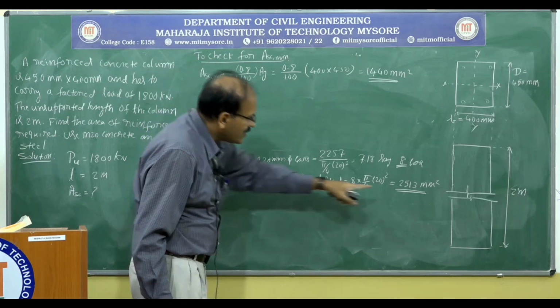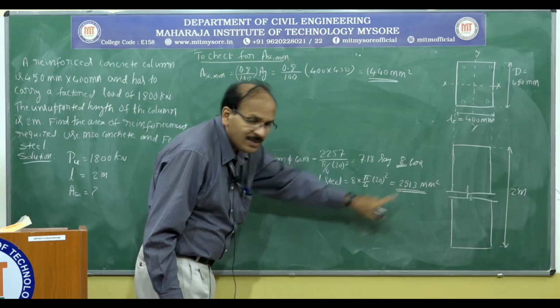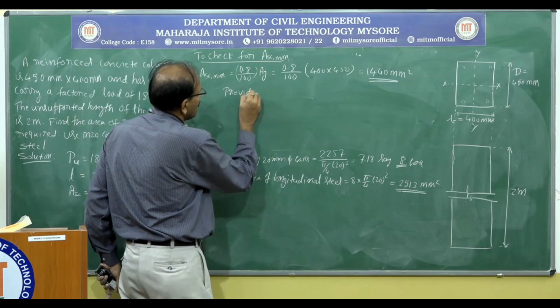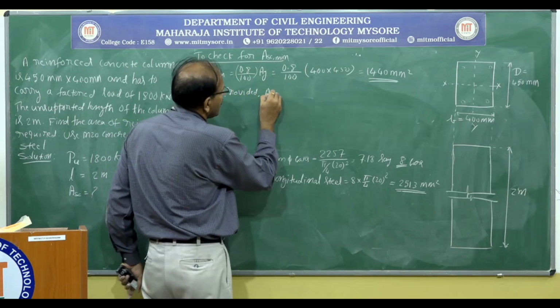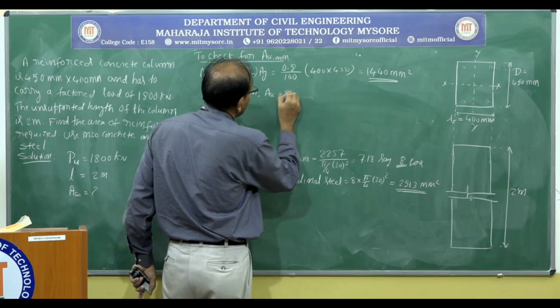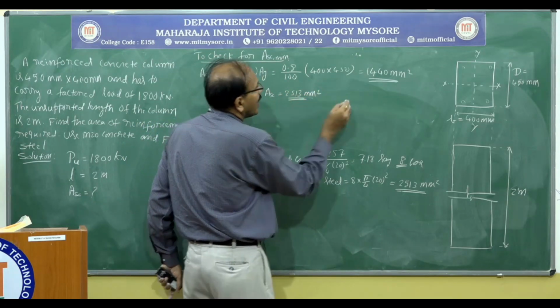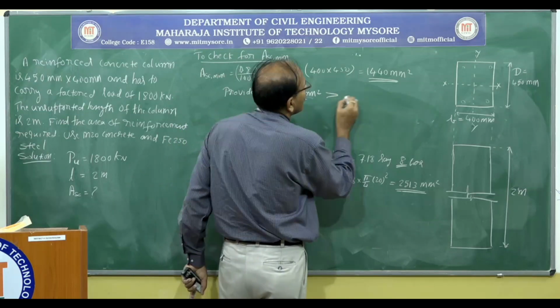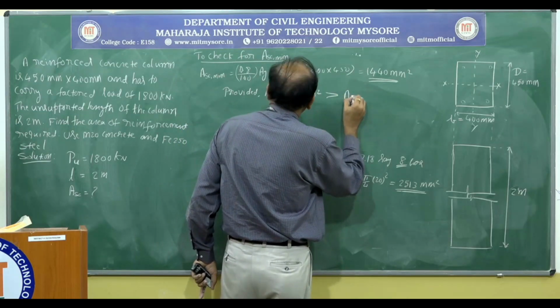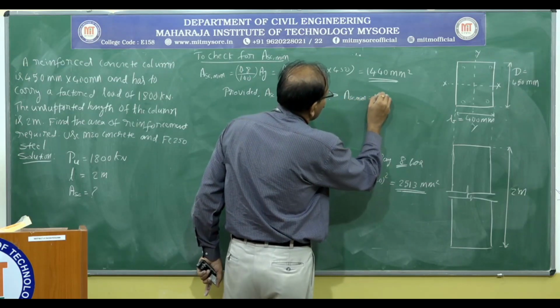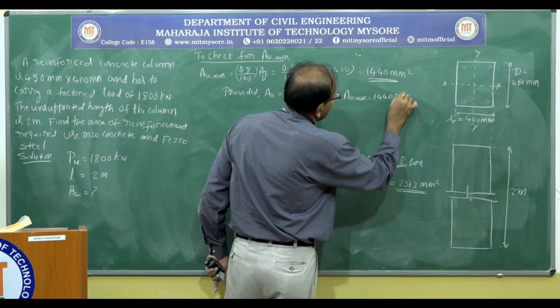Okay. So what is the area of steel provided? Provided ASC equal to 2513 millimeter square is greater than ASC minimum, that is equal to 1440 millimeter square.